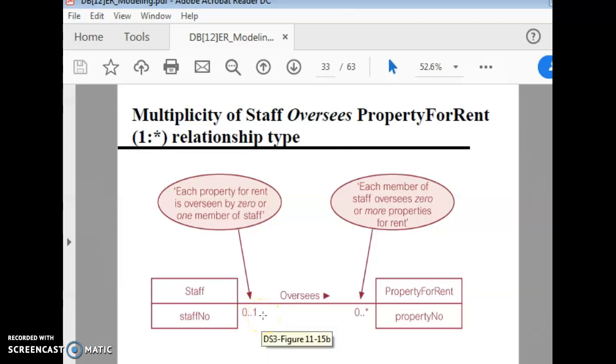So, if you see the maximum values of multiplicity at both entity types in this ER diagram, 1 is the maximum value in this 0 to 1 and many is the maximum value in 0 to many. So, this relationship becomes an example of the one-to-many relationship.